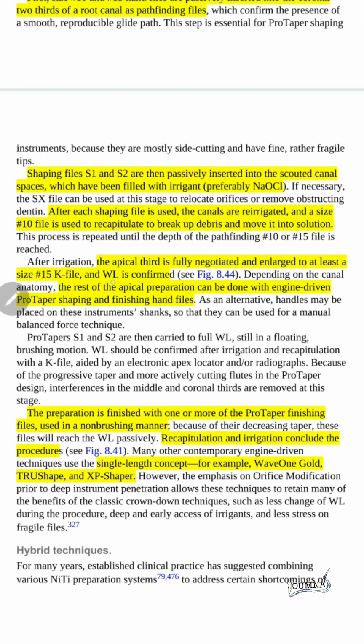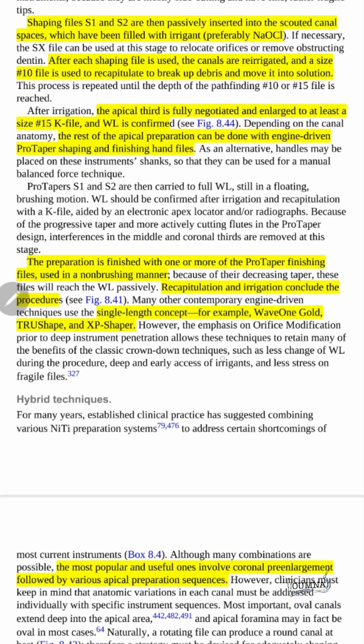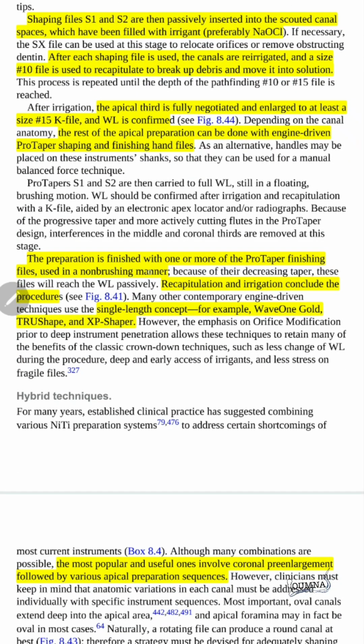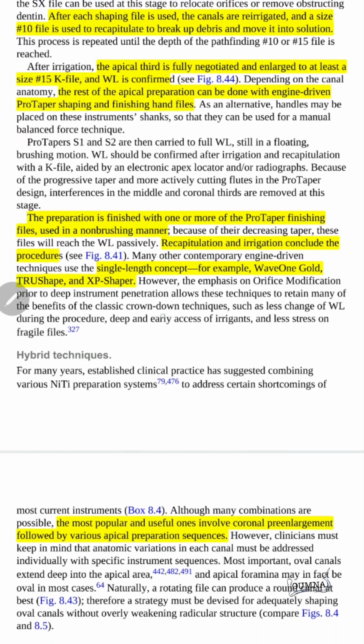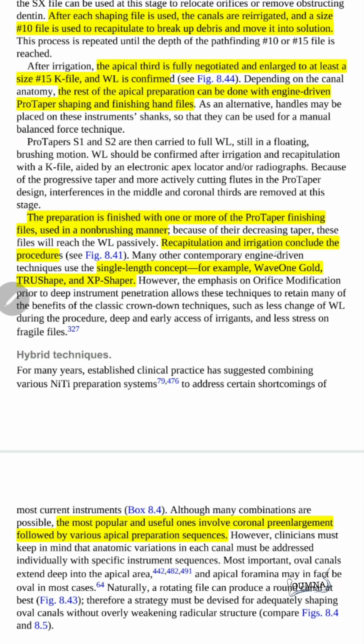So we determine the working length after we negotiate the canal with a 15K file from the apex to the coronal part. The preparation is finished with one or more of the ProTaper finishing files used in a non-brushing manner. Recapitulation and irrigation conclude the procedure.